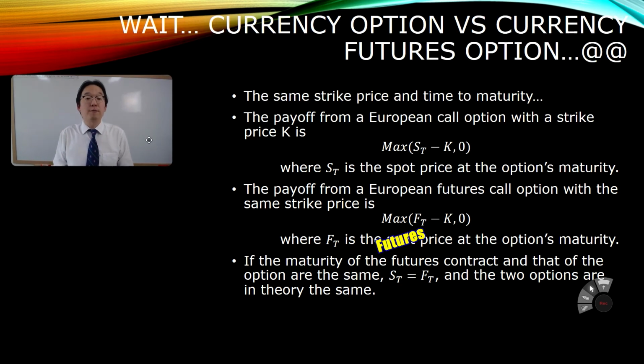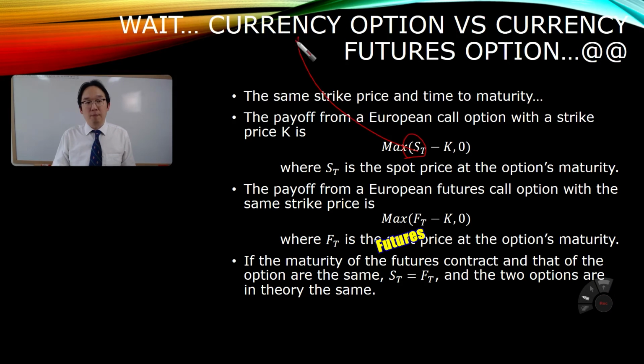The payoff from a European call option with a strike price K is the maximum function of big S sub big T minus K and 0, where S of big T is the spot price at the option's maturity. That's the currency option.